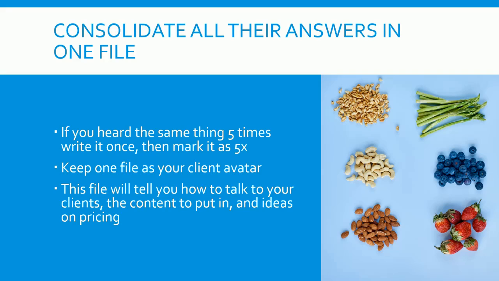And this client, you can name them, you can call them their avatar and name them and give them a personality, give them a story. The person I'm trying to reach has this problem, this frustration, this dream. They want these results. I'm going to teach them these things and they would be happy to pay this amount.